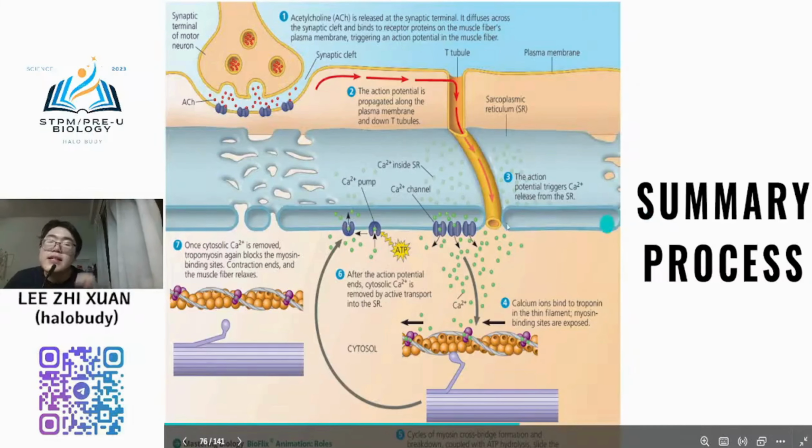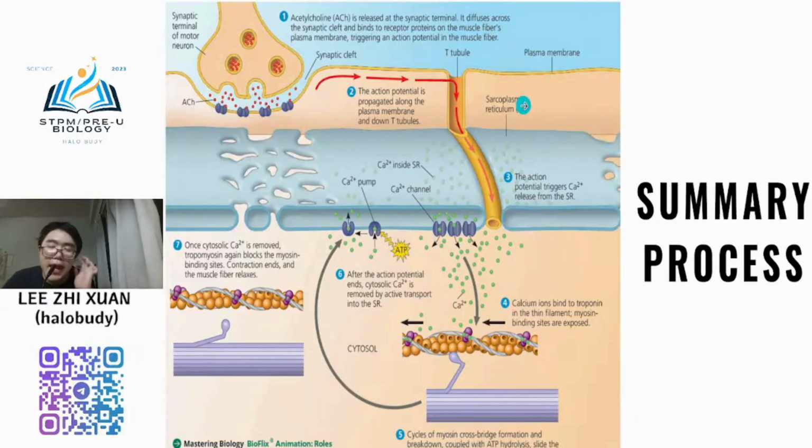So this is the very summary process. I think I already explained just now. Normally the initial process is that the action potential reaches the synaptic knob.